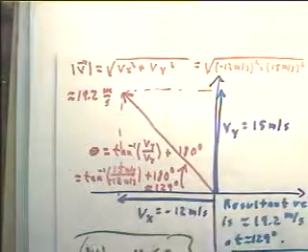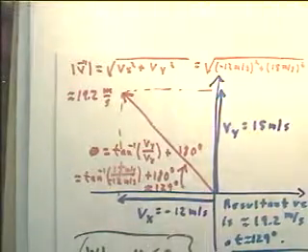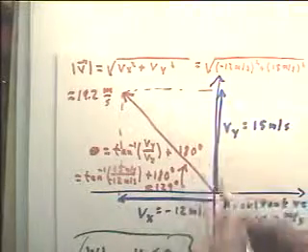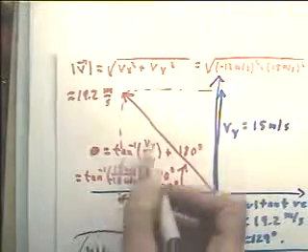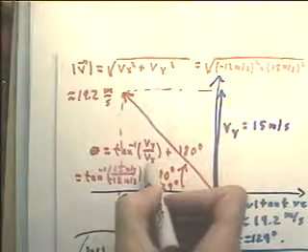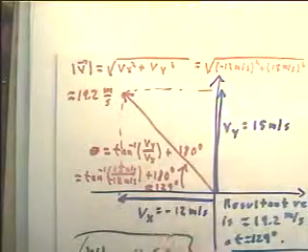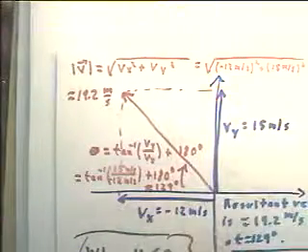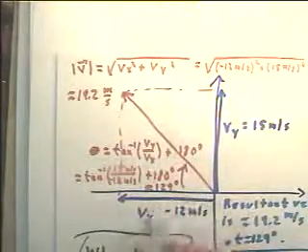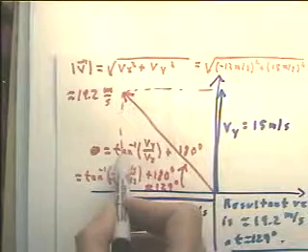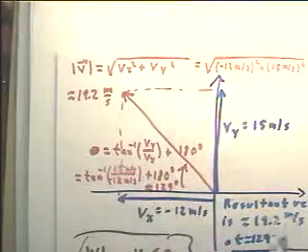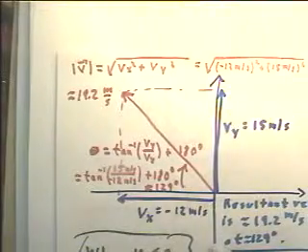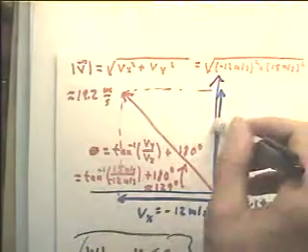Again, we're going to use exactly the same techniques as before. The angle here is going to be the inverse tangent of the y over the x component, this time plus 180 degrees. That plus 180 degrees comes about simply because the x component is negative, and the inverse tangent function on your calculator is going to give you an angle between negative 90 degrees and positive 90 degrees.